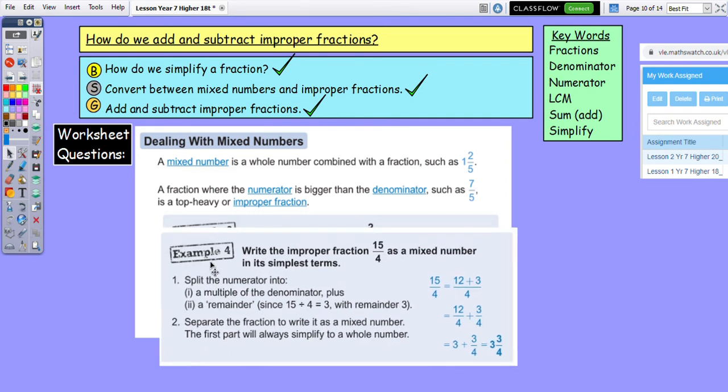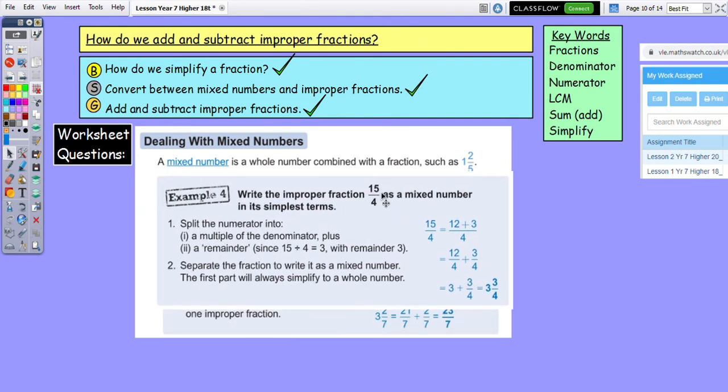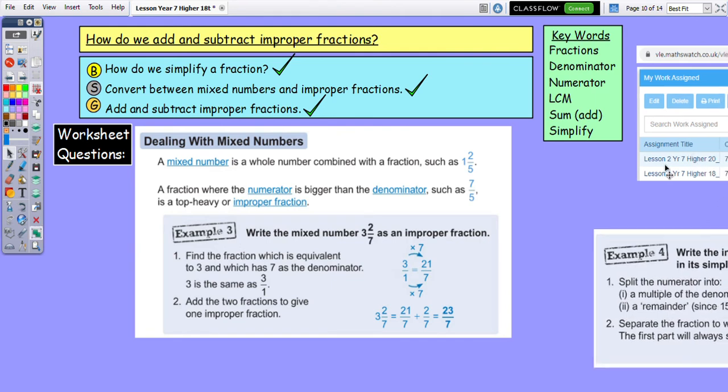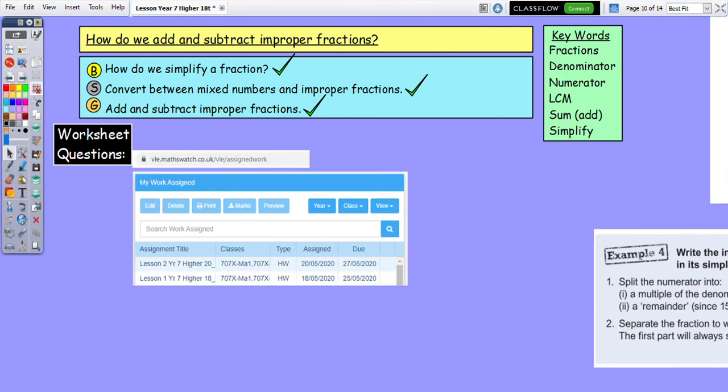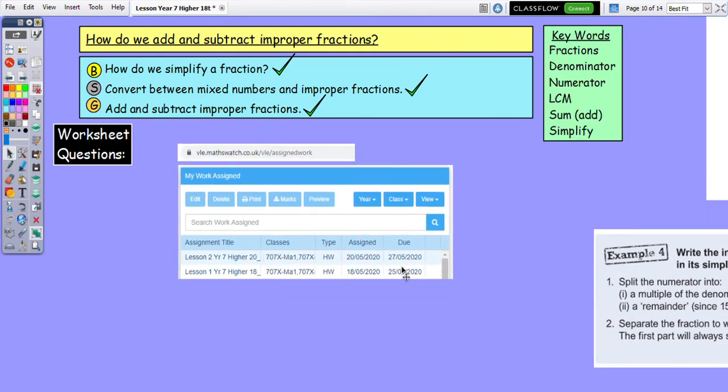On the second worksheet, we're doing the opposite of this. We're converting improper fractions to mixed numbers, and at the end of the sheet there are some add and subtract questions you're free to practice on. There is also, I hate to say this, just a couple of questions on Maths Watch. There's only 2 questions here.